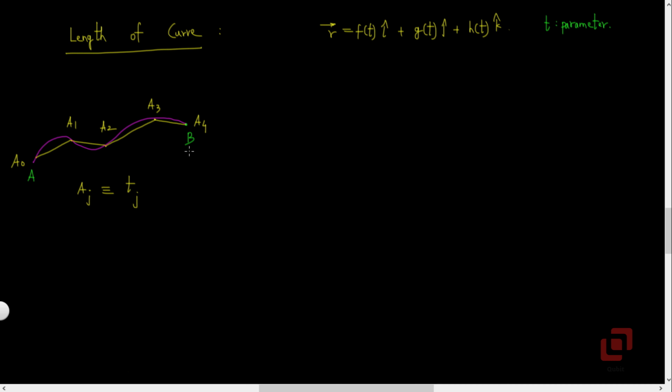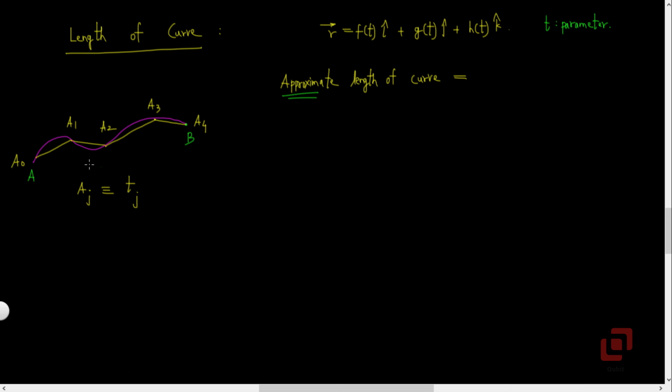Let us divide the curve into 4 parts: A0 to A1, A1 to A2, A2 to A3, and then finally A3 to A4. So on division of the curve into 4 parts, the point A4 will be B and the point A0 will be A. Now how can we develop an expression for the approximate length of the curve?